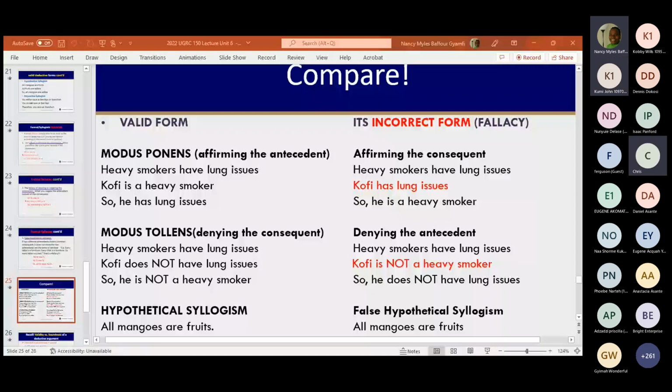No. The question: who is affirming? The word is what they are. Very good. Now, when you affirm the antecedent, it will be valid. So this one is the fallacy of affirming the consequent.